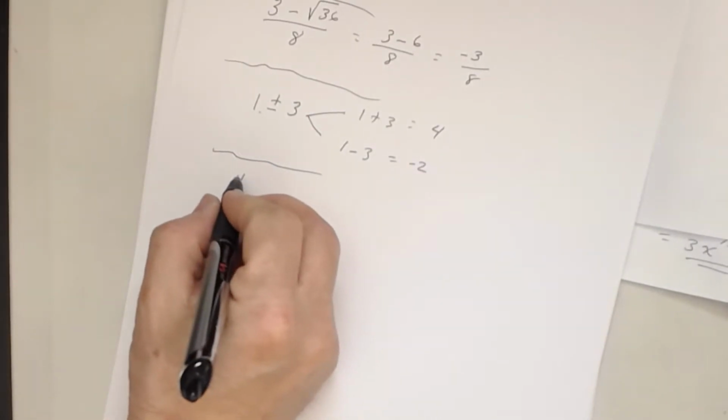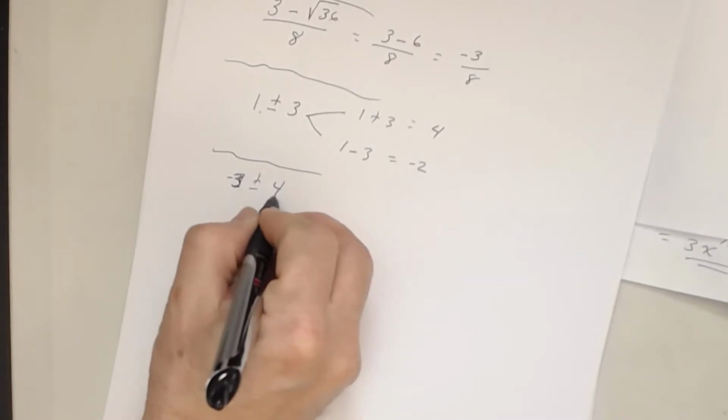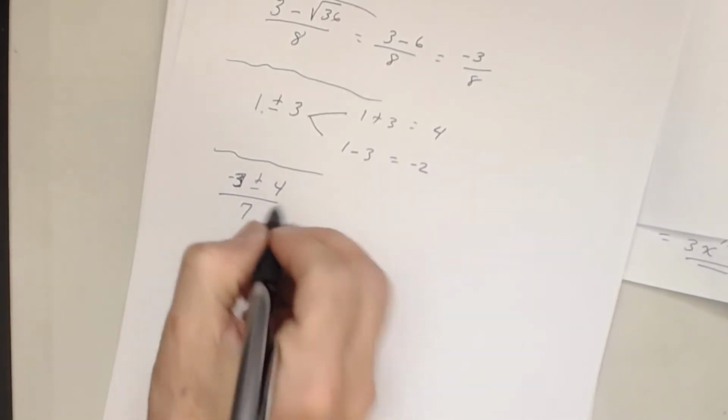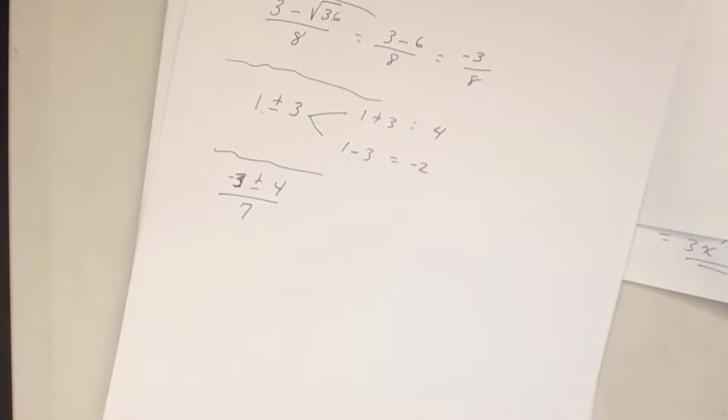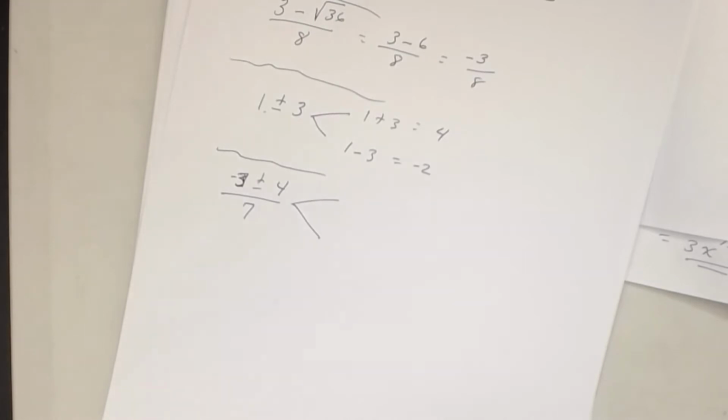Let's do negative 3 plus or minus 4, divided by 7. See that plus or minus, right? So that means I can rewrite this as two separate expressions.